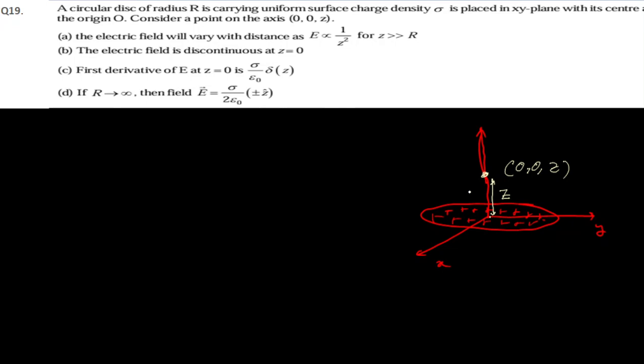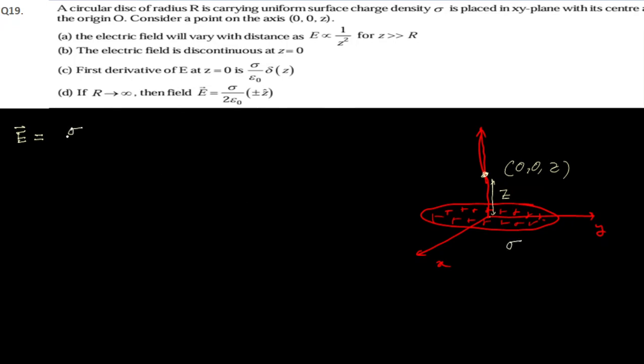Now what has been asked here? Option A says the electric field will vary with the distance as E proportional to 1 by z square when z is much greater than r. Before solving this question, since it is related to the electric field, let me write the electric field on the axis at a distance z from the charge carrying circular disk with surface charge density sigma.